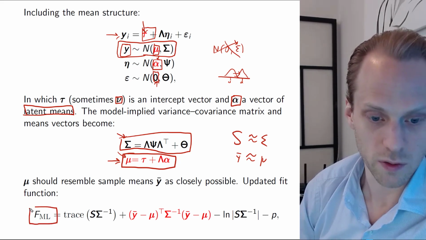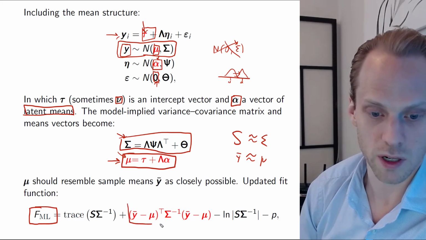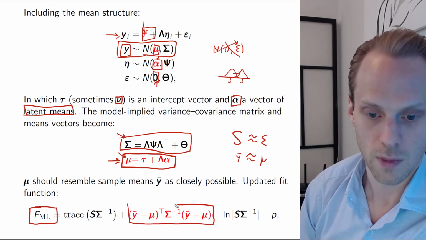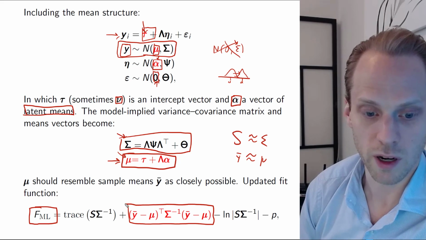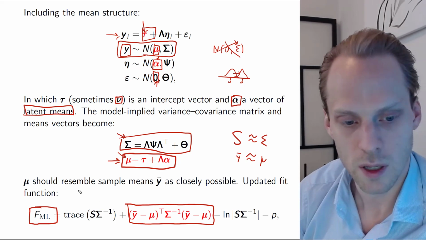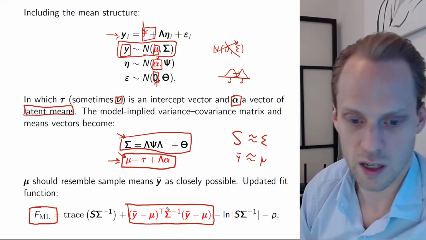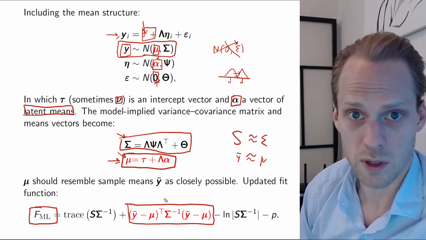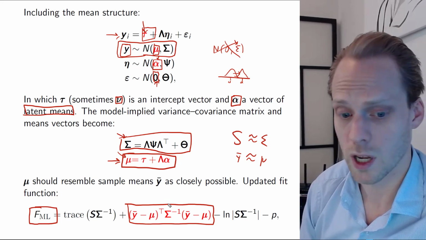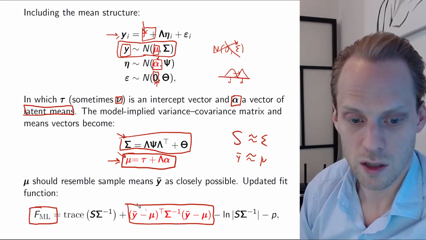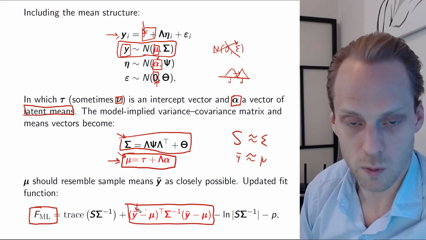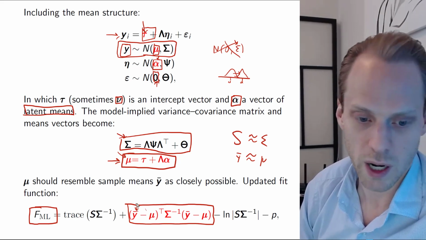So we have the fit function here, and then we add this part here. I have a video on the fit function where I did not add the mean structure yet, but you can roughly take the same steps. At some point it becomes a little more complicated because you have to add this y bar in there somewhere, but then you can derive the same formula.